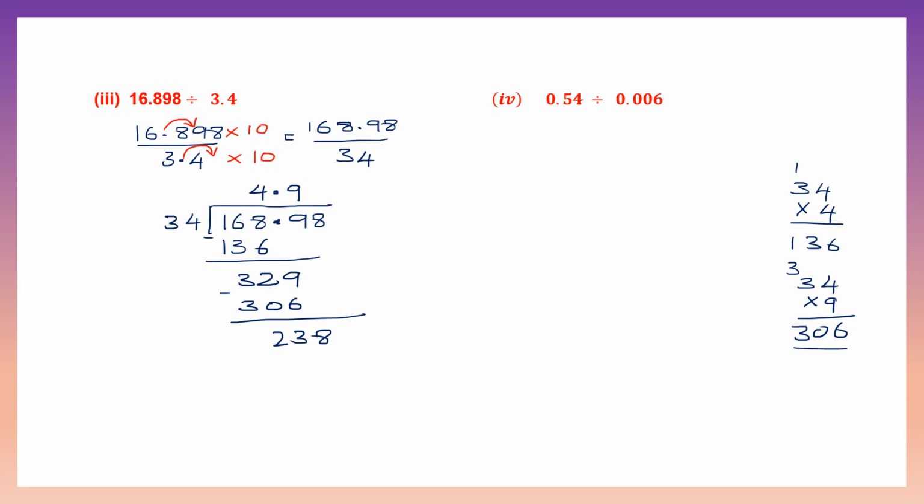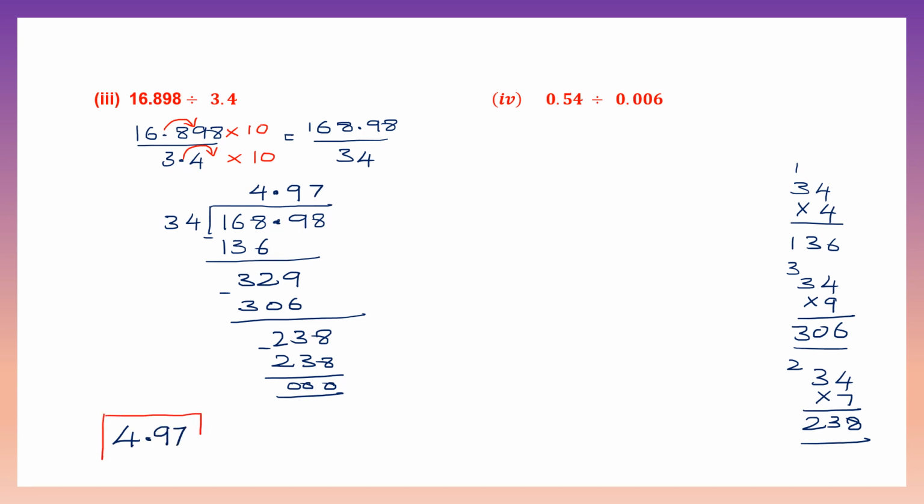Now let's multiply 34 into 7 and see. 7 fours are 28, carry 2. 7 threes are 21, 22, 23. So we've got 238. So that is 7. So 238 minus 238. So now we've got our quotient. What is our answer? 4.97. So this is our final answer.